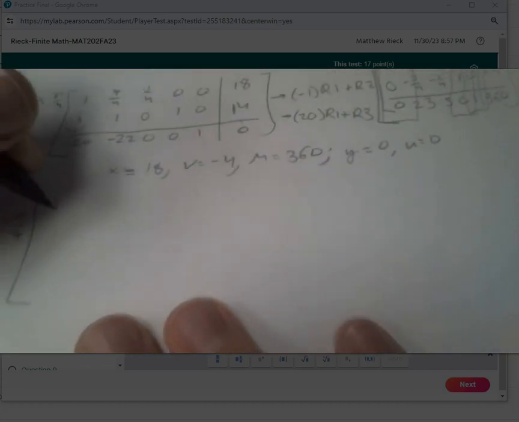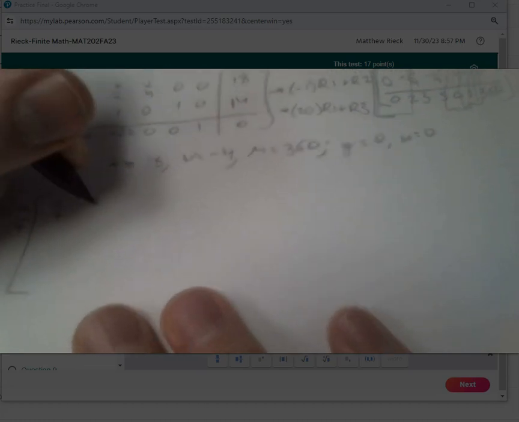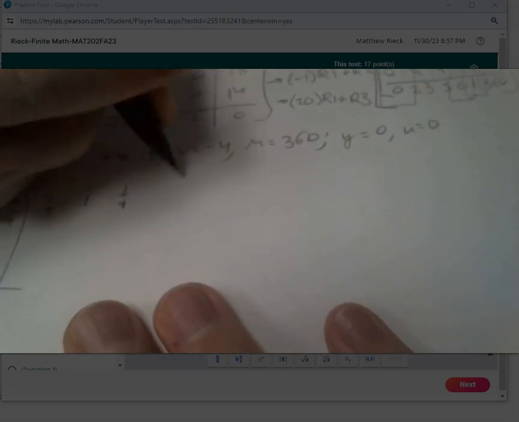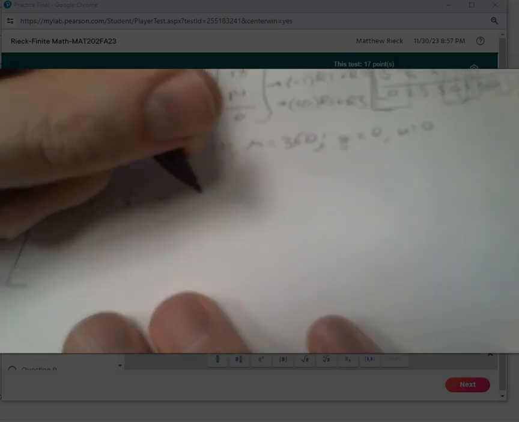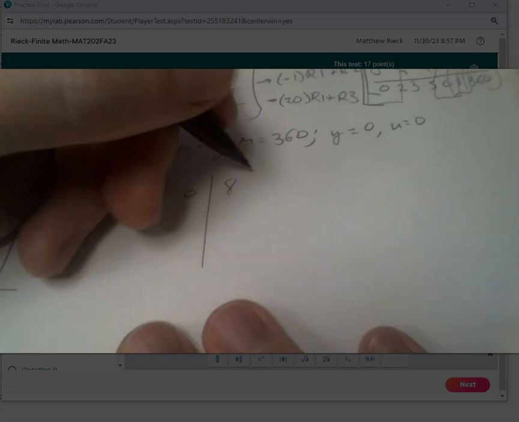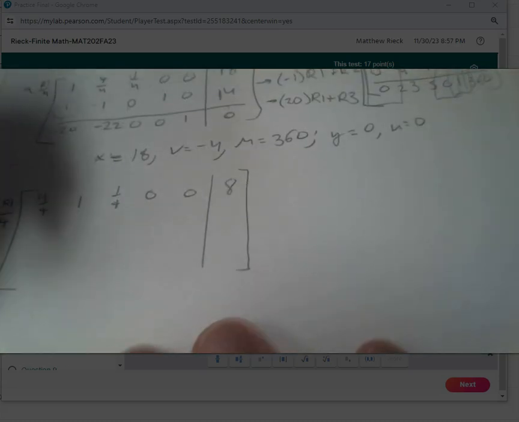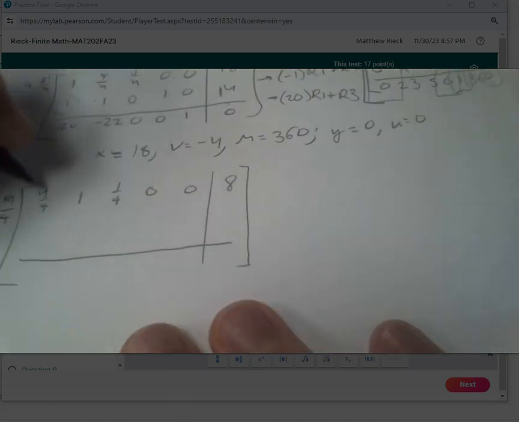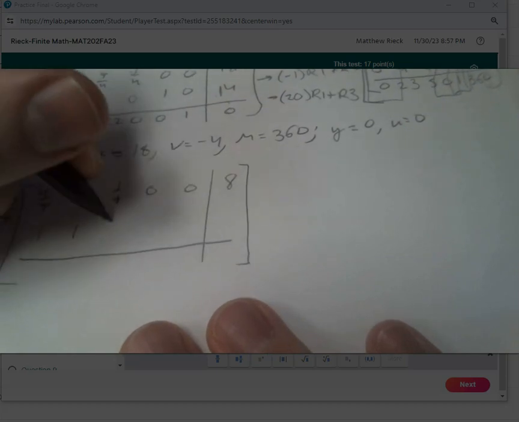So that's going to get us 4/9, 1, 1/9, 0, 0, and then 72 divided by 9 is going to be 8. And the other rows are just going to come along for the ride for right now.